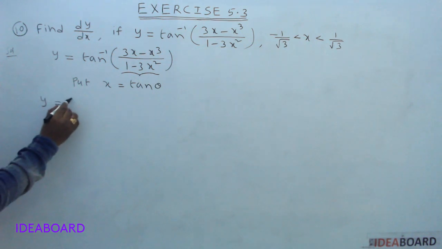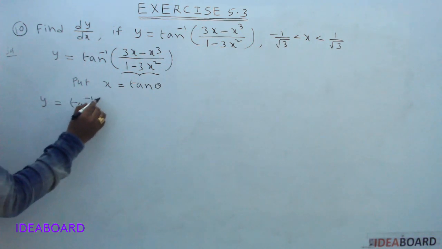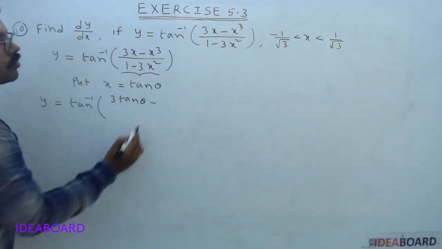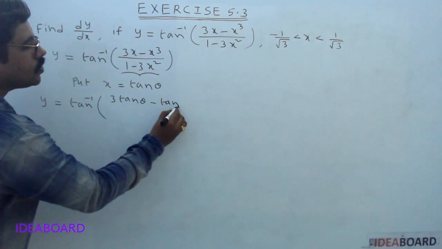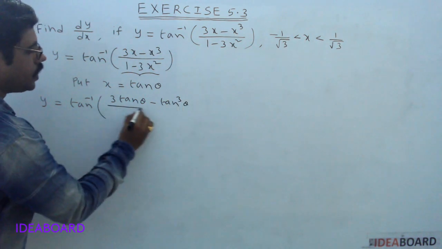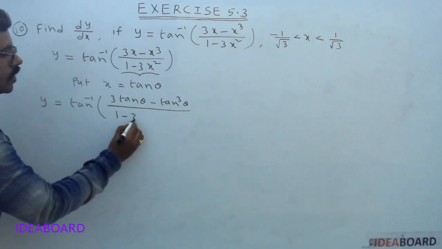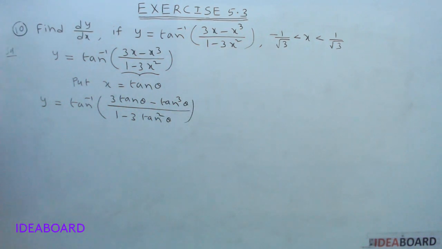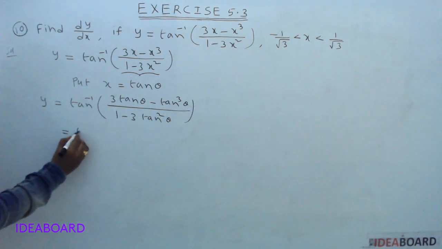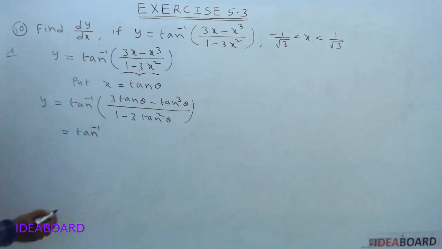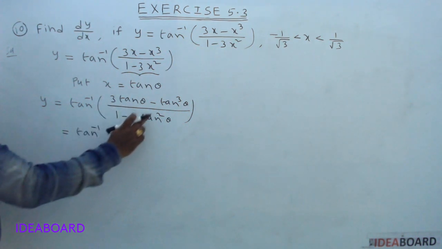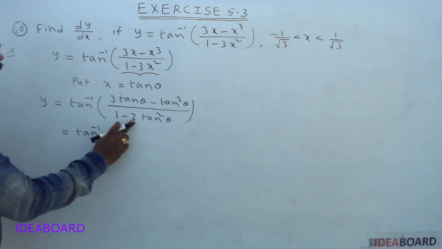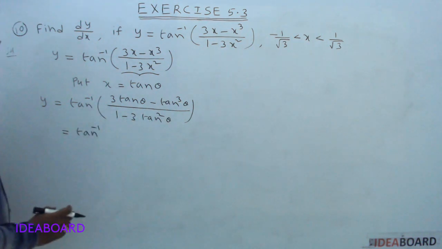Now this is y equals tan inverse of 3 tan theta minus tan cube theta divided by 1 minus 3 tan square theta.